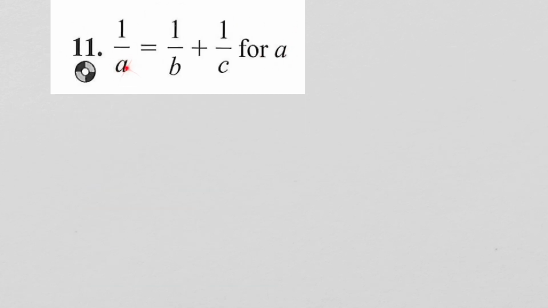Okay, I want to solve for a, which is in the denominator here. So I'm going to get rid of all my denominators. So I have three fractions here, and so my least common denominator is the product of all three, a, b, c. So I'm going to take my 1 over a, and I'll multiply that by a, b, c.